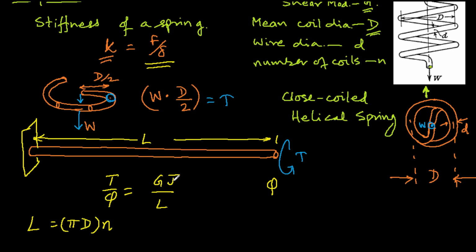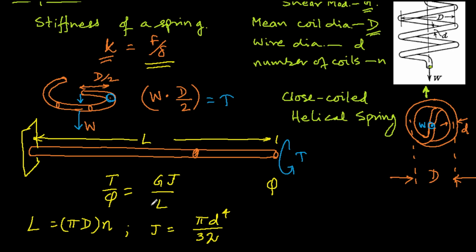G anyway is the shear modulus, and now J is the polar moment of inertia of this cross section, okay. So that means J is nothing but pi d raised to 4 by 32, fine. So this is the J.